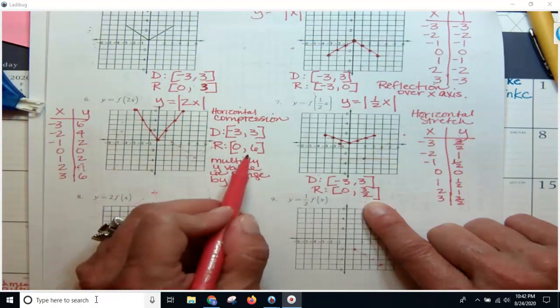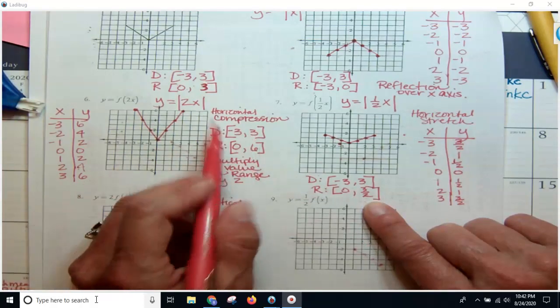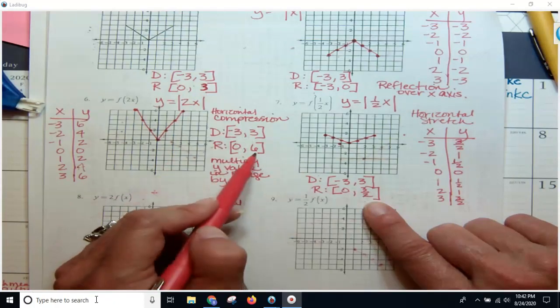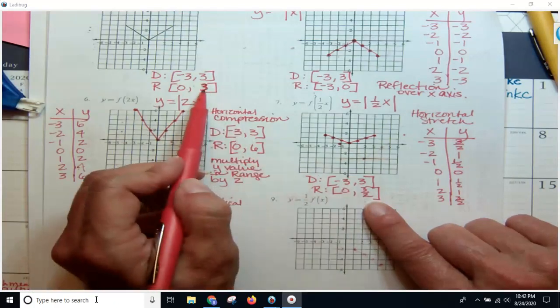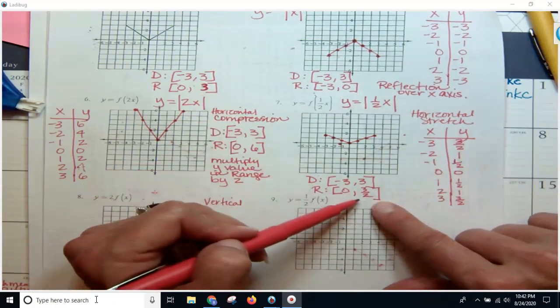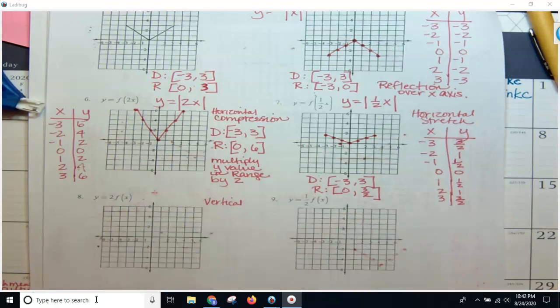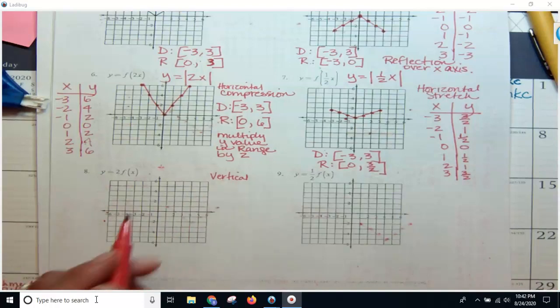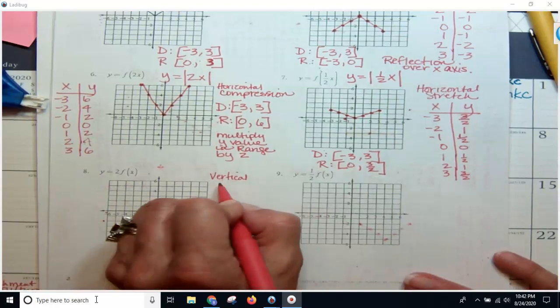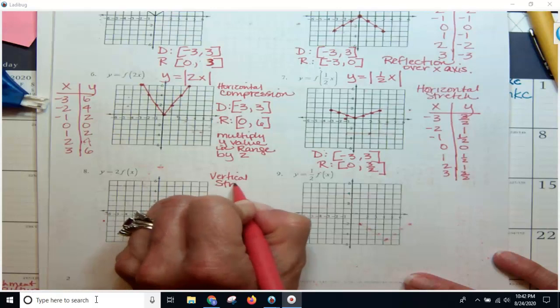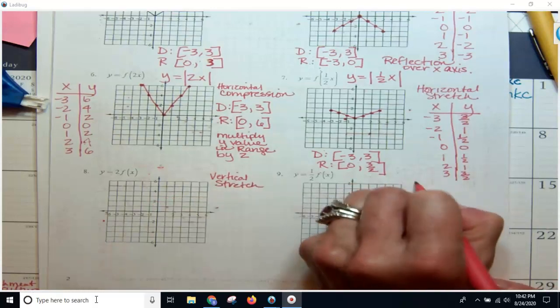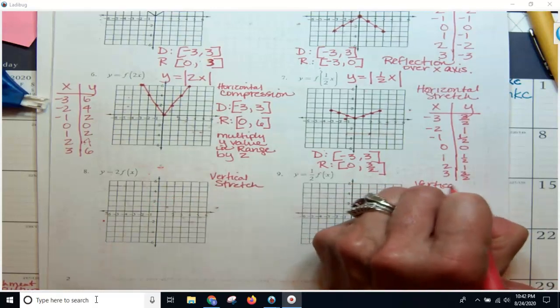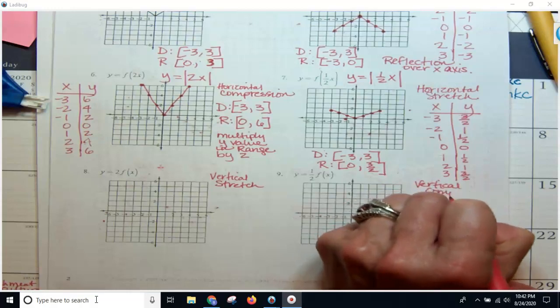So just like over here, when we multiplied the range by 2 and got 6, now we're multiplying the range by 1/2 and we're getting 3/2. All right? And you'll find that these actually are the same. They're just labeled differently. This one's going to be your vertical stretch, and this is going to be your vertical compression.